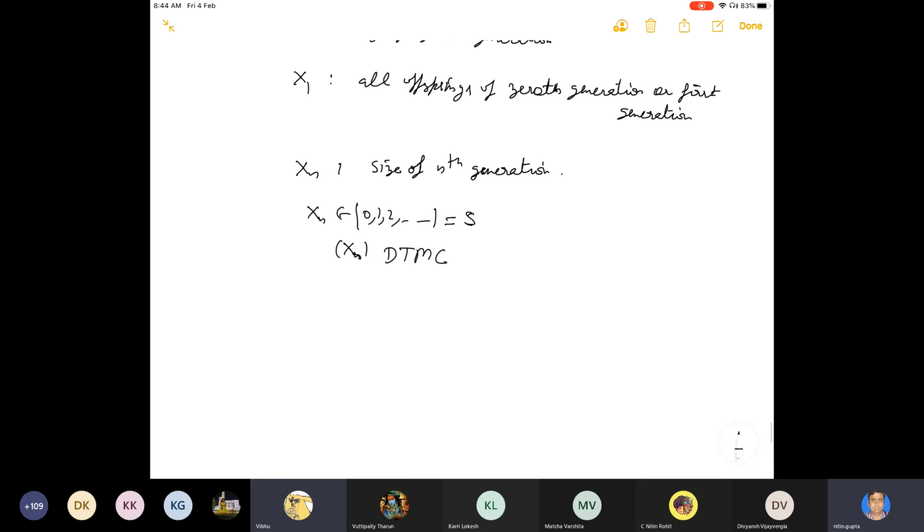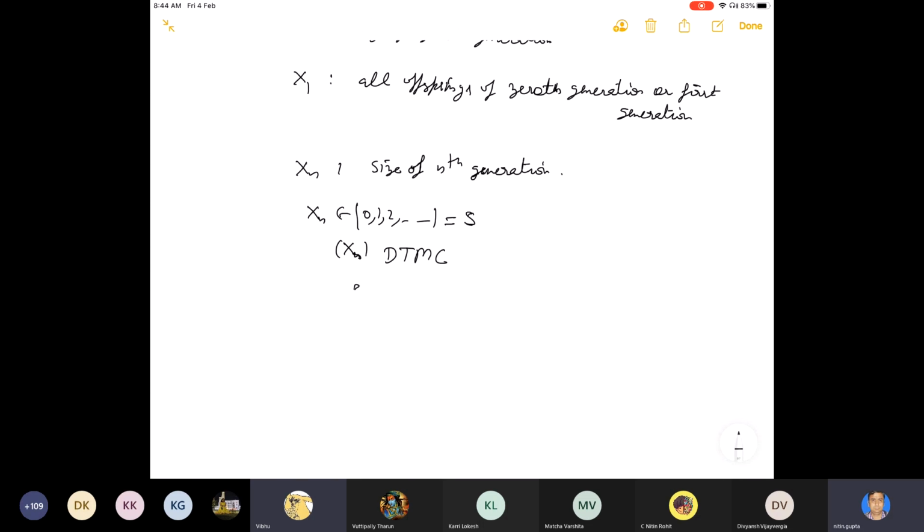Okay, now which states are recurrent, which states are transient? You can easily see that state 0 is recurrent, since a zero member cannot produce offspring. If zero members are there in some generation, it cannot produce offspring.